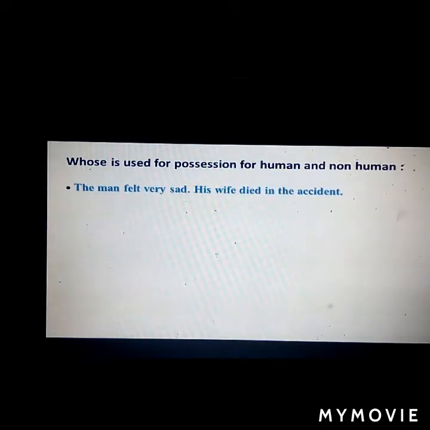Whose is used for possession, for a human and non-human. Example: the man felt very sad. His wife died in the accident, God's will. So: the man whose wife died in the accident felt very sad. Whose is followed by a noun that shows possession. We used it here in place of the pronoun his.